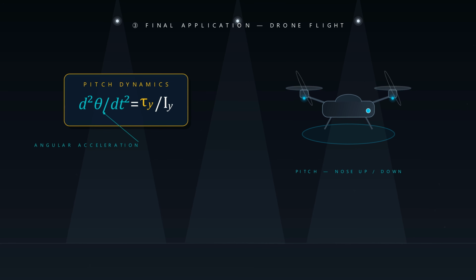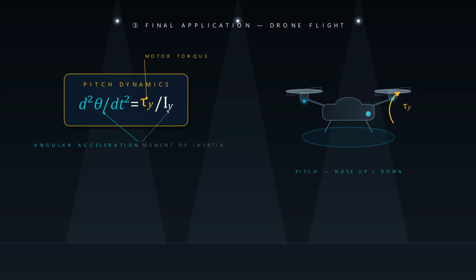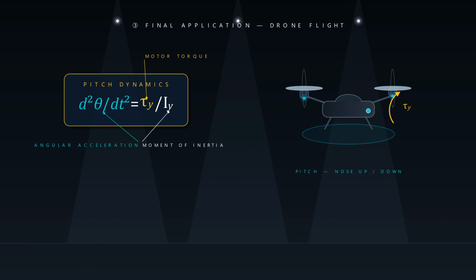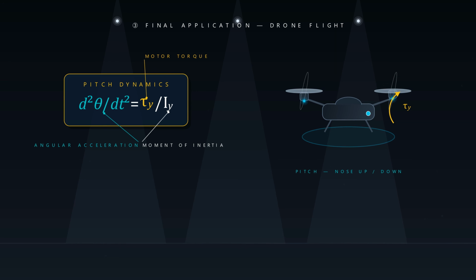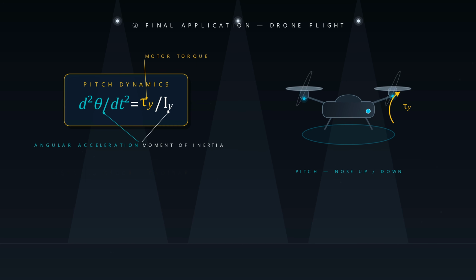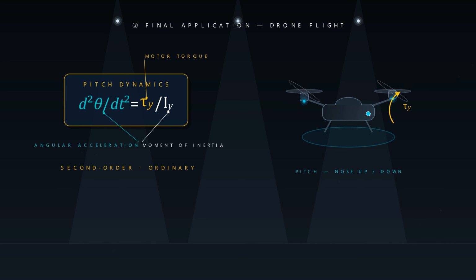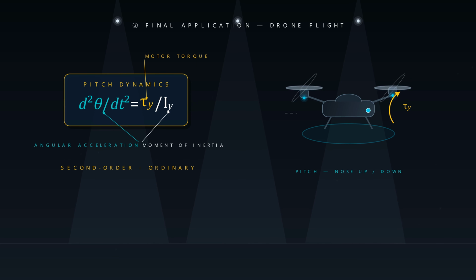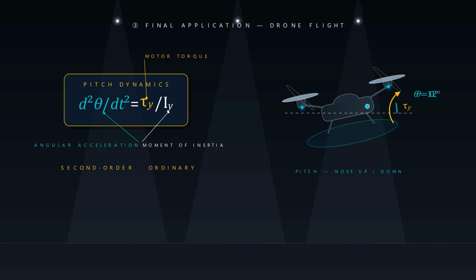The second derivative of the pitch angle theta with respect to time, the angular acceleration, equals the torque tau y applied by the drone's motors about the y-axis, divided by the moment of inertia Iy about that axis. This is a second-order ordinary differential equation. To fly, we need to solve for how to choose tau y, how hard the motors push, to make theta track a desired target angle.